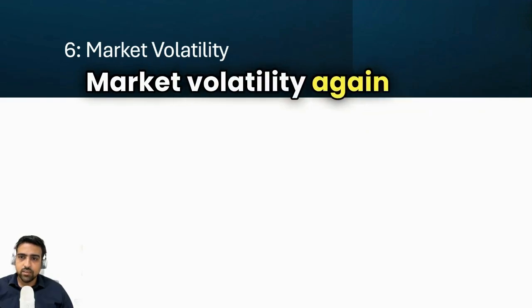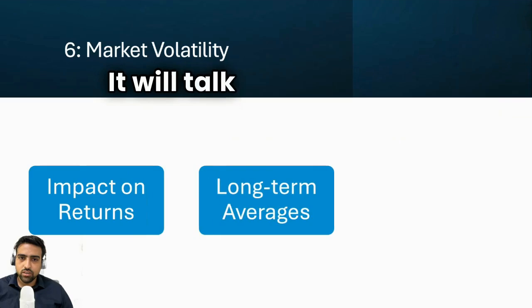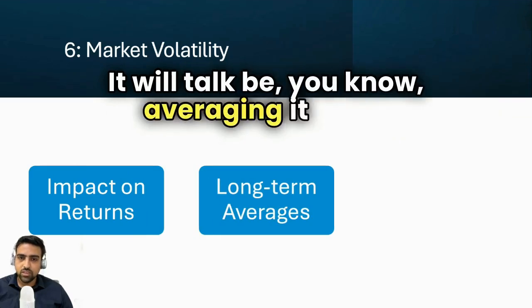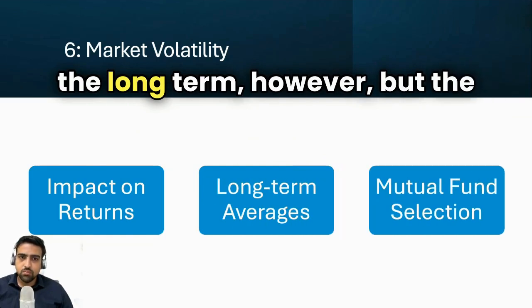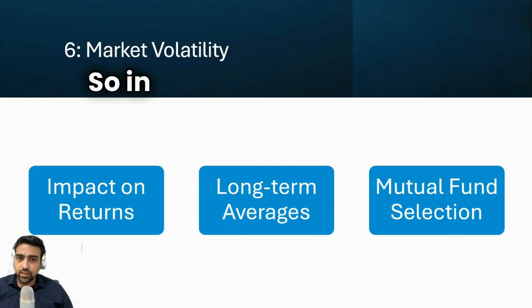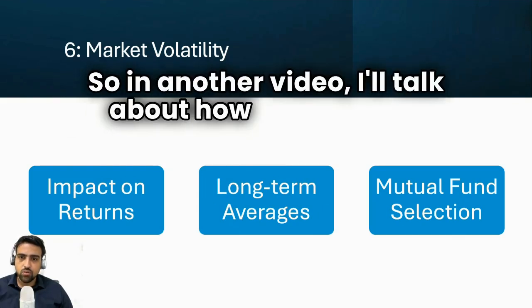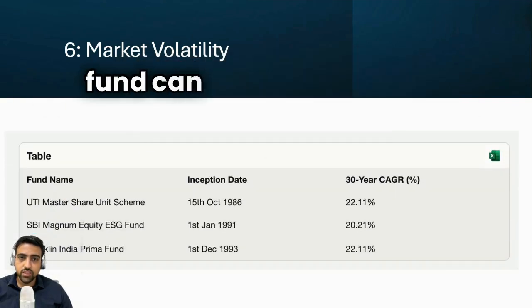Market volatility again can significantly impact your returns, as we just talked about. It will be averaged out in the long term, however, the mutual fund that you select also has a role to play in this. In another video, I'll talk about how mutual fund selection can be done effectively and the lowest volatility mutual fund can be selected.